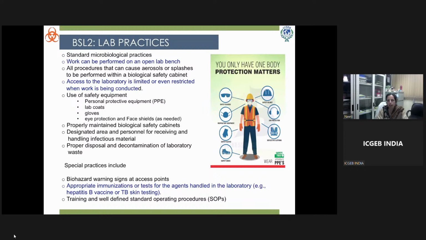So having said that, we need to understand what are the safe lab practices that get employed under the BSL2 facilities.